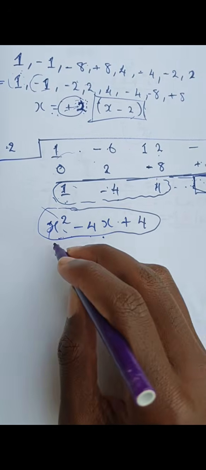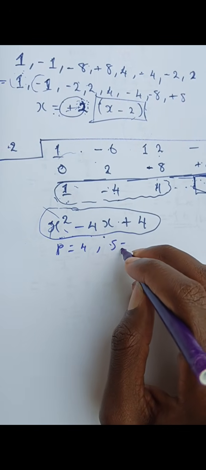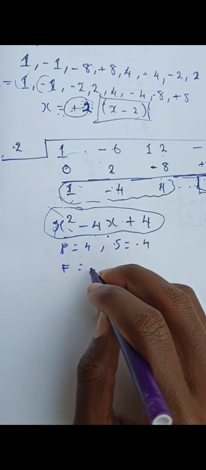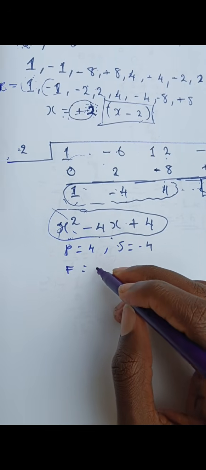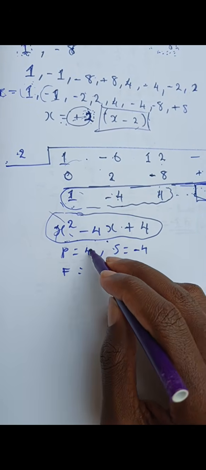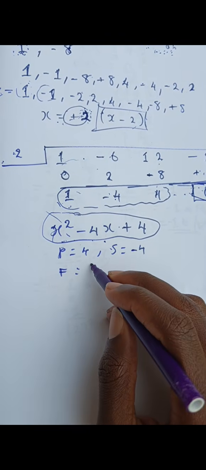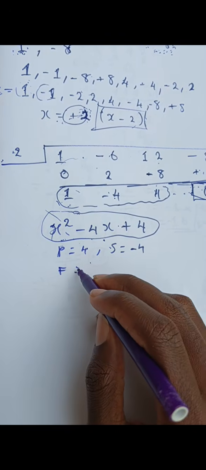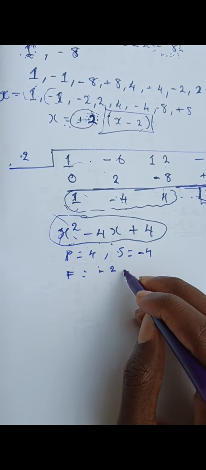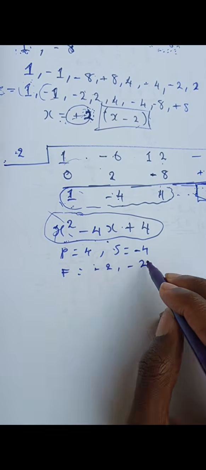The product is 4, right? The sum is -4. So to find the factors, think of the values which when we multiply them give us +4, and when we sum them up give us -4. Which are those values? These values are -2 and -2, because when we multiply -2 by -2, we get +4, and when we add -2s, we get -4.